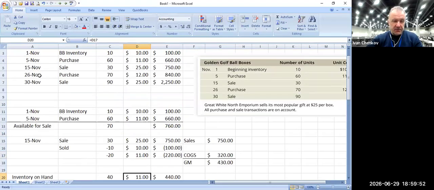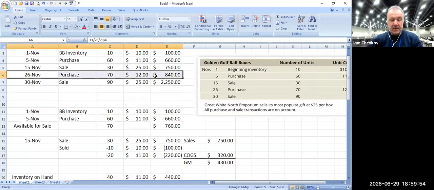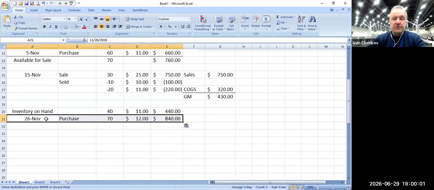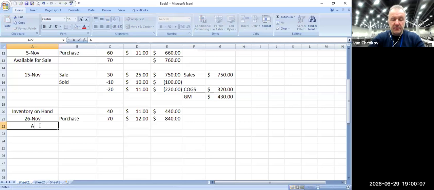Okay, great. Now let's do another purchase. Then our next purchase is on November 26. On November 26, we're going to purchase another 70. Now, at this point, how many do we have available to sell?